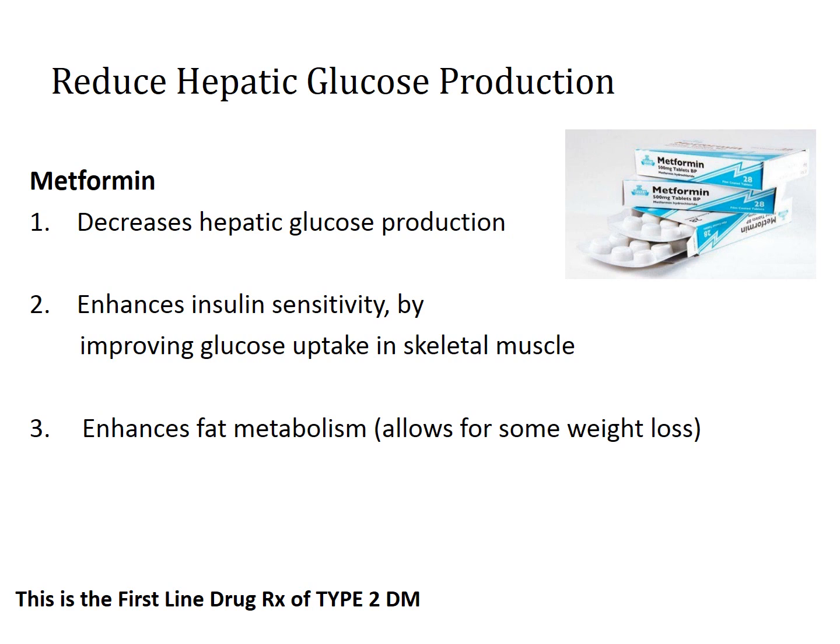And people on metformin will burn some fat, and that allows for them to lose some weight. And weight loss is an extremely important part of managing a type 2 diabetic patient. So many, many individuals that you see with type 2 diabetes will be placed on metformin. In fact, metformin is considered to be one of the first line drug treatments for type 2 diabetes. It has a couple different mechanisms of action which are very useful for type 2 diabetes.